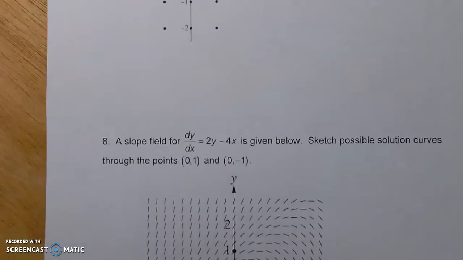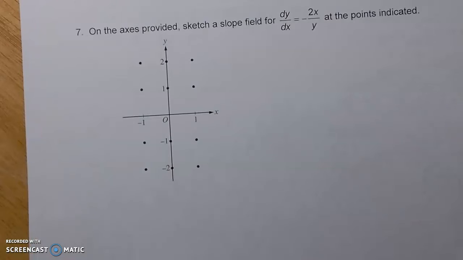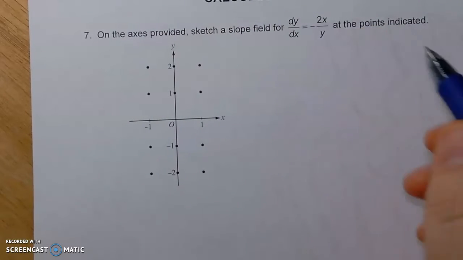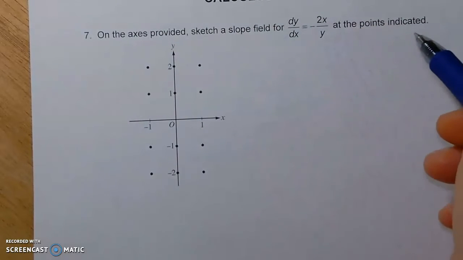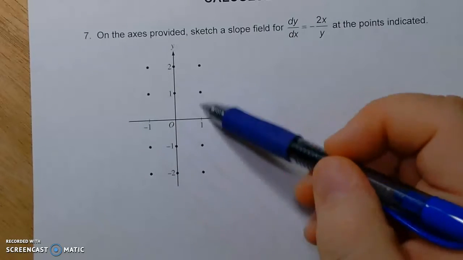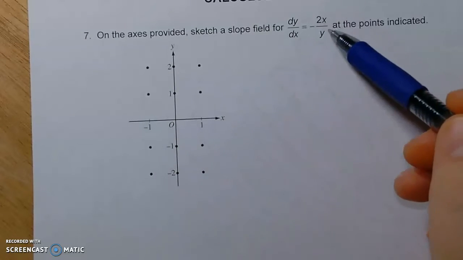Moving on to our last topic, it's slope fields. On the axis provided, sketch the slope field for dy/dx equals negative 2x over y at the points indicated. Make sure you see that negative sign. I did a smaller set just for you to show me that you know what's going on.